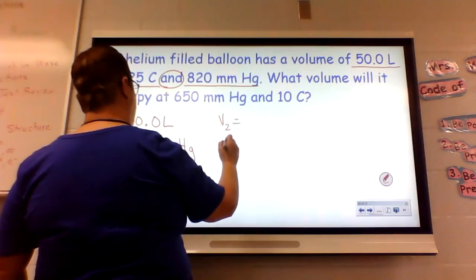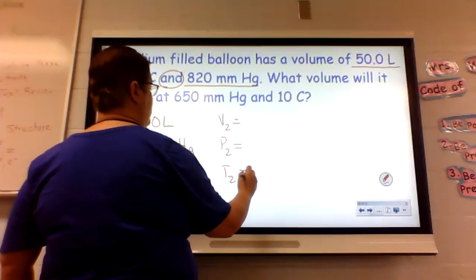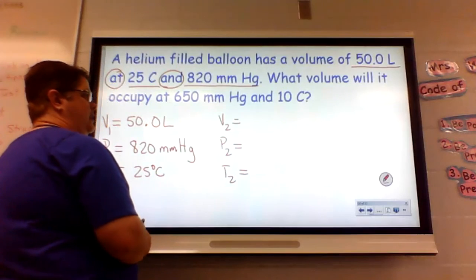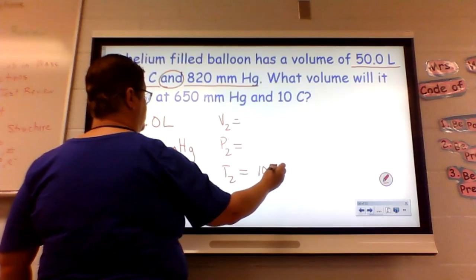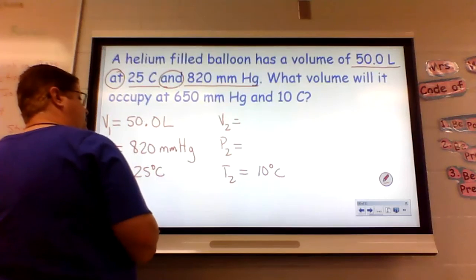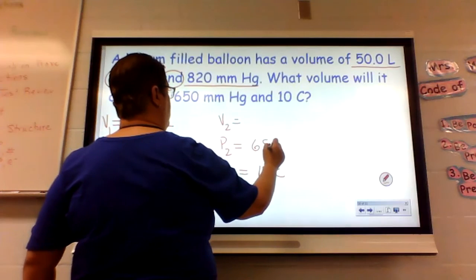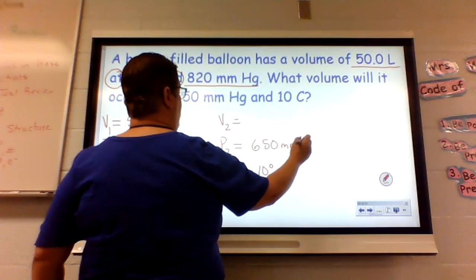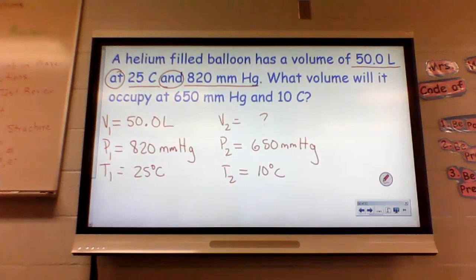All right, V1. So we got to have a V2, a P2, a T2. So what's 10 degrees Celsius? Oh, I just meant temperature. 650 millimeters of mercury would be a what? P2. And that means we have to be solving for V2. Do my units all match? Yes.